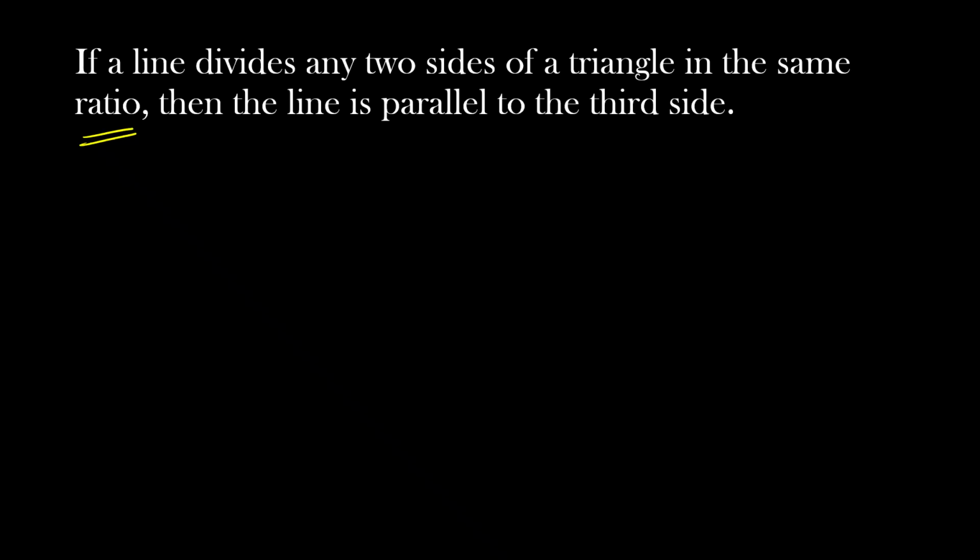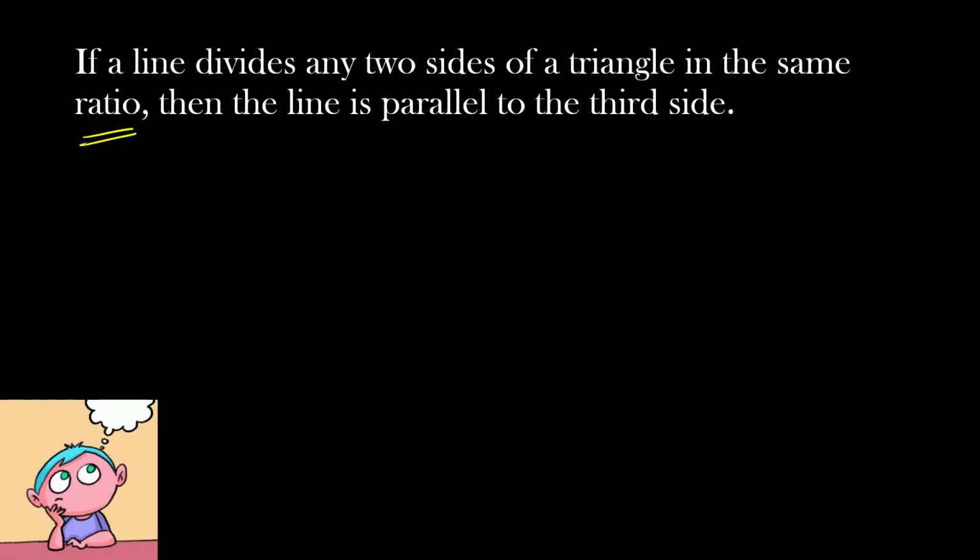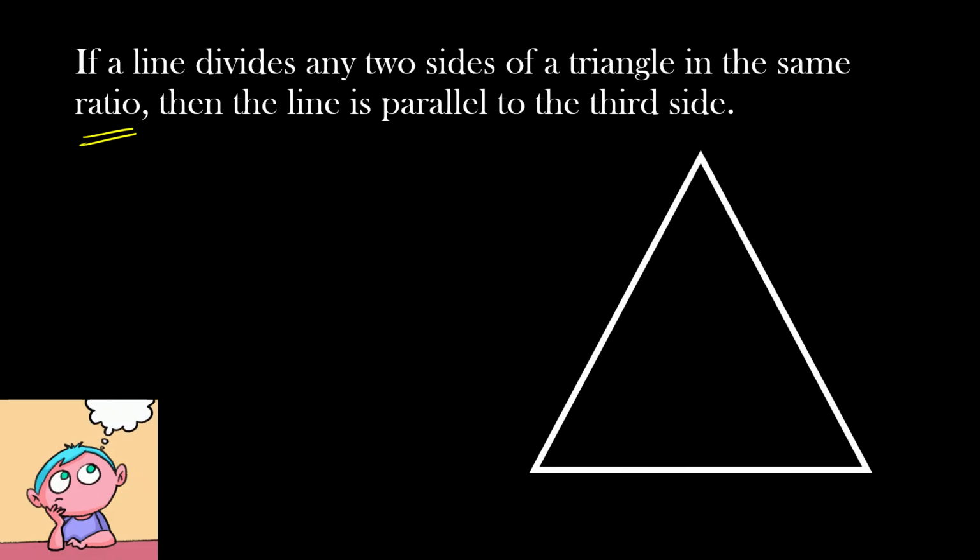So to understand the proof of this theorem, let's consider a triangle and mark the respective points. Let me consider a triangle ABC, and there is a line which divides AB and AC in the same ratio. So let me consider a line which is DE.